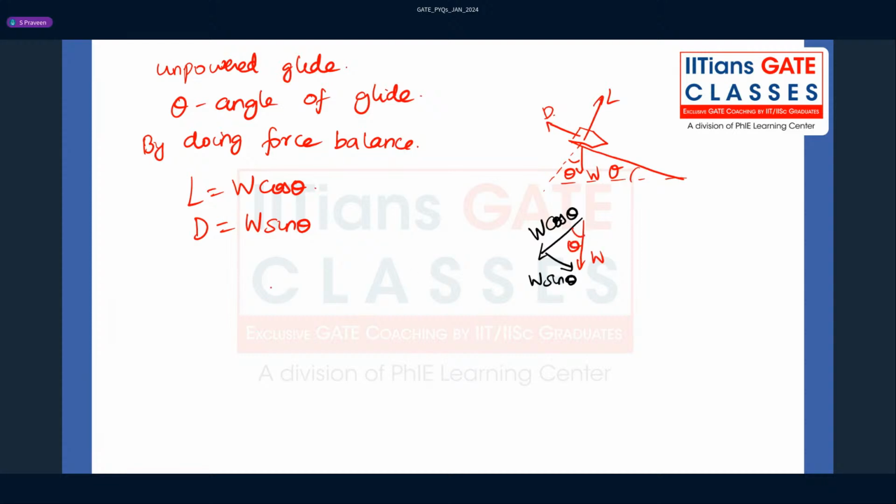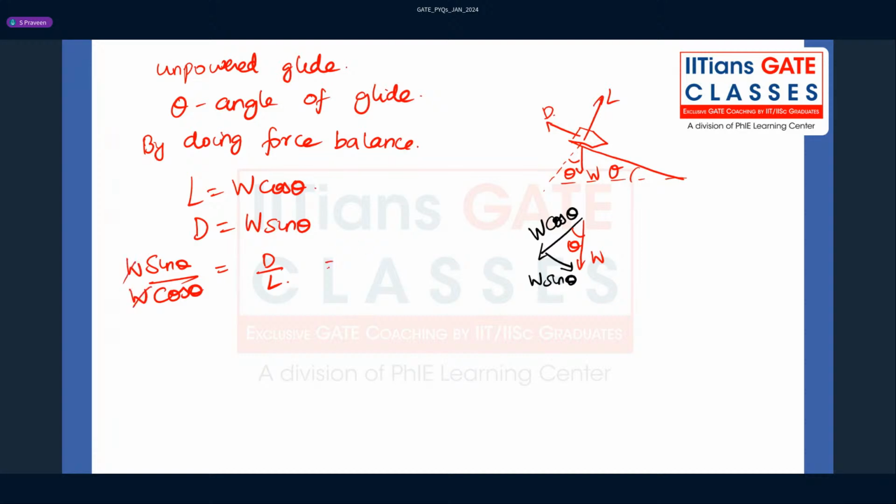Okay, so let's divide them. How would you get the angle with respect to L by D? My sine theta by cos theta is basically D by L, right? Basically, it's W sine theta by W cos theta, canceling them out.